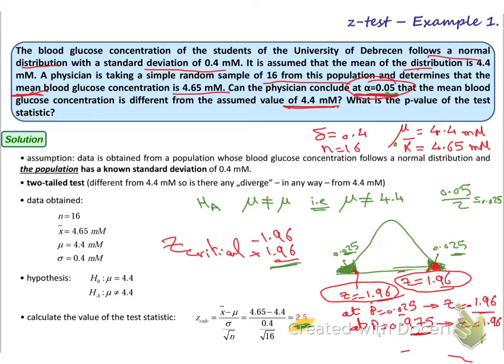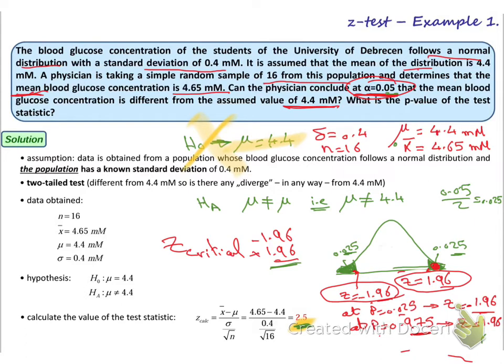So what was my H naught here? Oh, sorry, I have deleted it. My H naught was that mu equals 4.4. So since it has entered the rejection zone, this null hypothesis is rejected, which means that mu is not equal to 4.4.